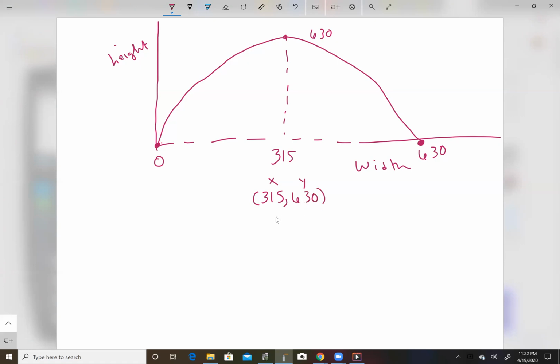Okay, so since I can find that one point, I'm going to make it easy on myself. Well, you could do this one of two ways. I'm going to prefer to use vertex form, which is y equals a times x minus h squared plus k.